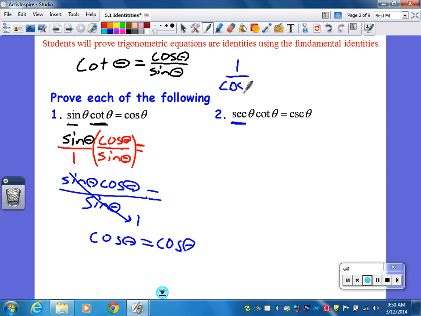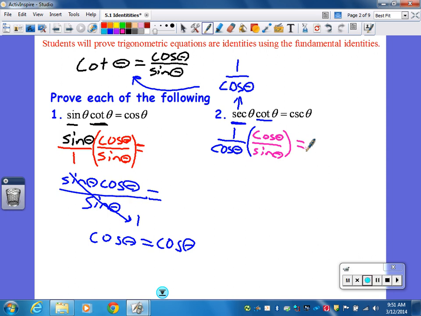Okay, so cosine theta is equal to secant, and cotangent, like I said before, is cosine over sine. So I'm going to write, okay, secant is 1 over cosine theta, and now my cotangent I'm going to write as cosine theta over sine theta.